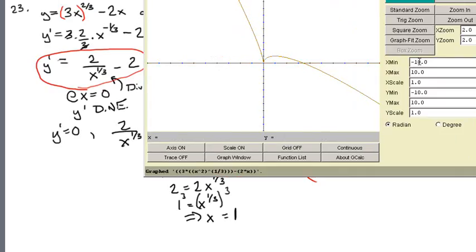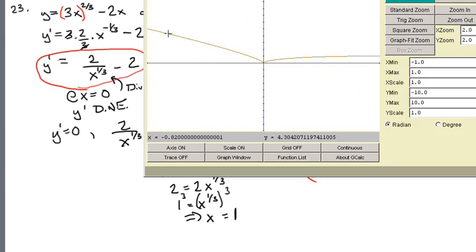If we look at this from negative 10 to 10, and instead we go from negative 1 to 1, there we go. You can see that our absolute max for this interval of negative 1 to 1 occurs at the left endpoint over here. The minimum value occurs at x equal to 0. And that is problem number 23.